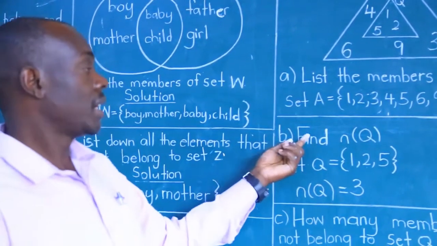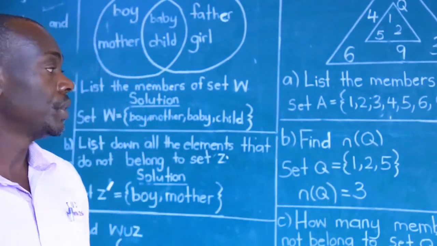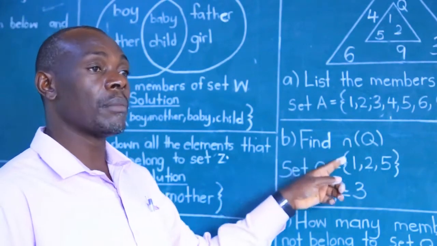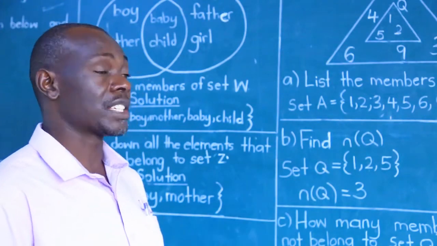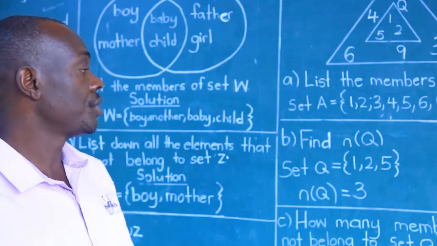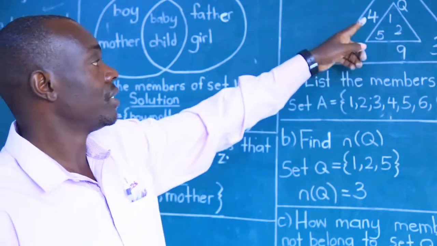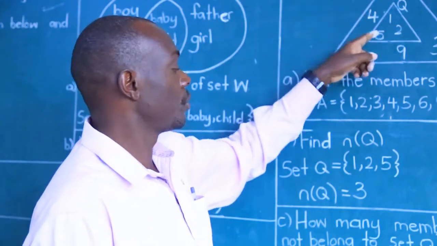So the question is, find the number of elements in set Q. Like I said, when you want the number of elements for a particular set, array that set first, meaning first list the members before you do the counting. Go back to set Q, which encloses 1, 2, 5.